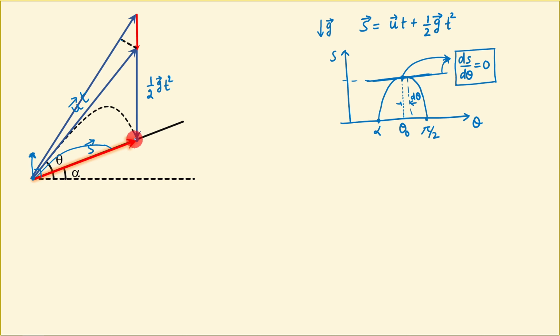But since this displacement vector s has to remain the same because ds is 0, this red vector will change in the half g t square part. If I make a perpendicular from this point onto this new line, this angle is theta, so this part of the angle will be equal to 90 minus theta.